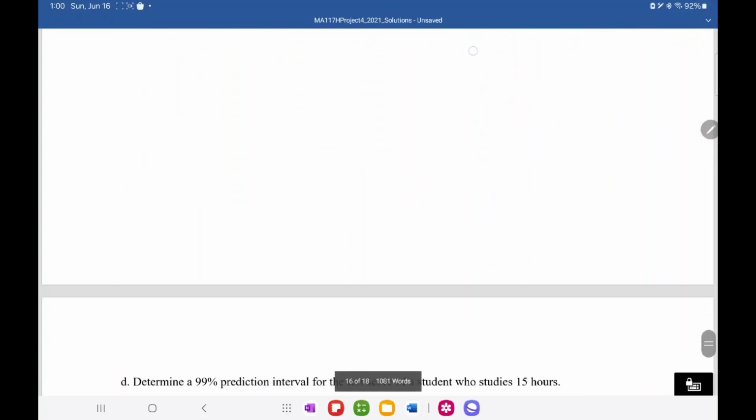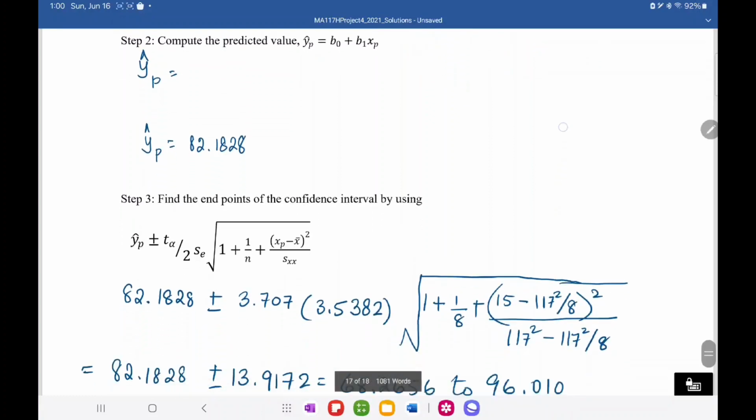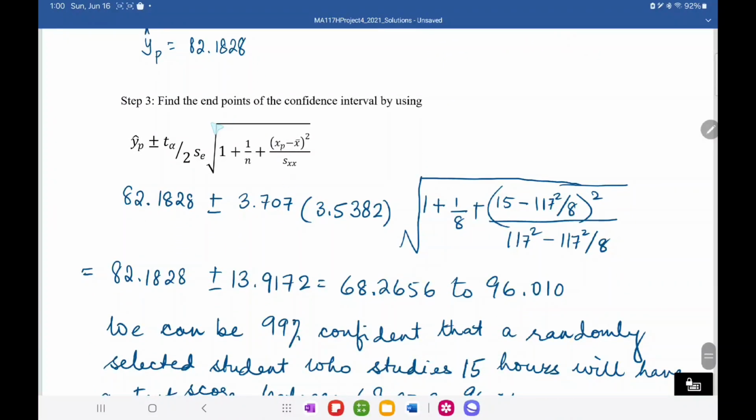And then there is a prediction interval as well, a 99% prediction interval. It's the same process, so I'm not going to spend too much time on it. However, the formula is slightly different from the one we used before. We have 1 plus under the radical. All right, it's 1 plus 1 divided by n plus x sub p minus x bar whole square divided by s sub xx.